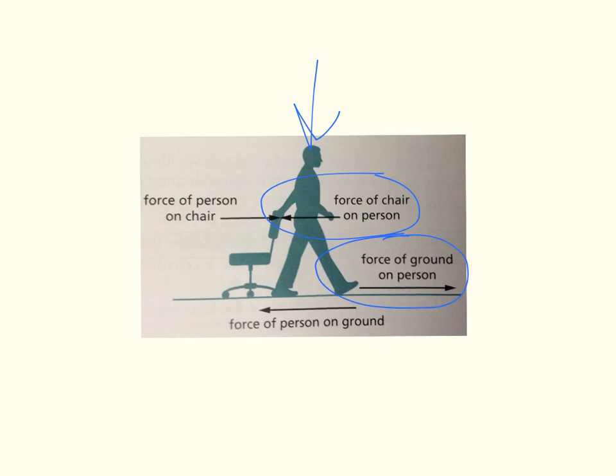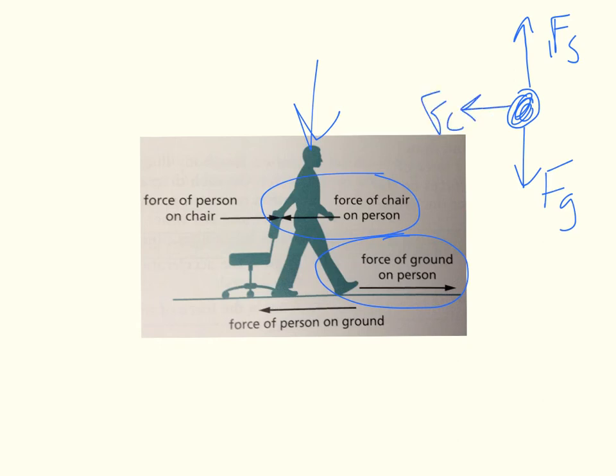So the forces acting on the person, if we look at the person as our object, those two forces are unbalanced. And so if we do a quick force diagram, we've got gravity pulling the person down, and we have the floor pushing the person up, but now we have this force of the chair this direction, and we have the force of the ground this direction.